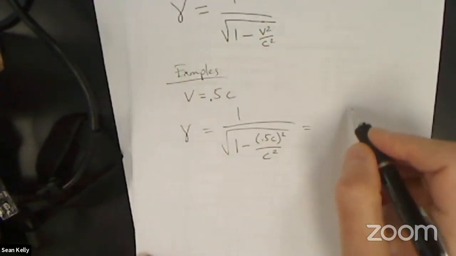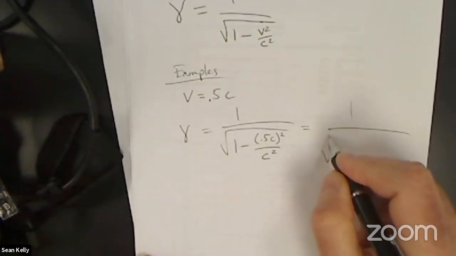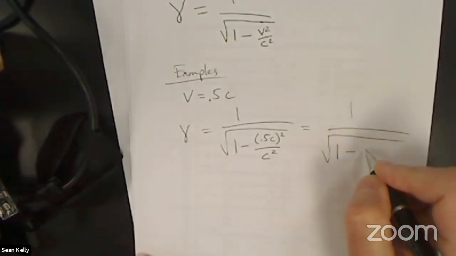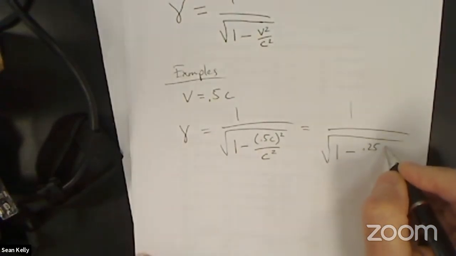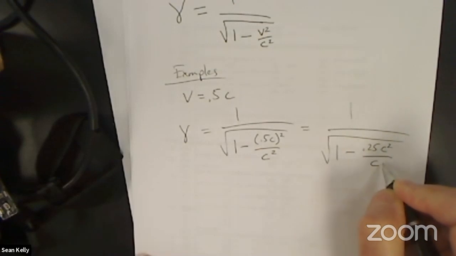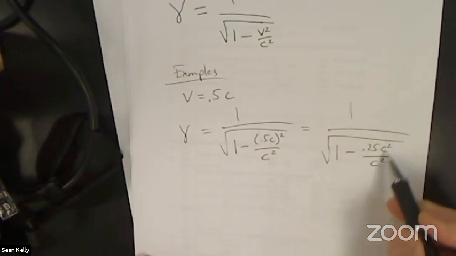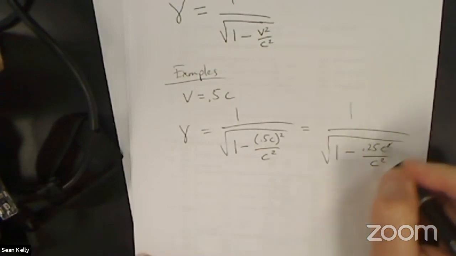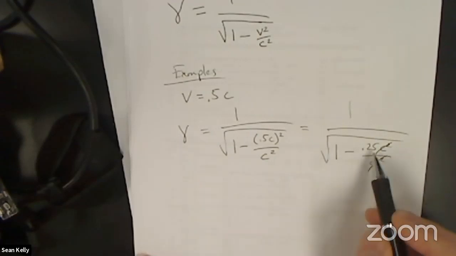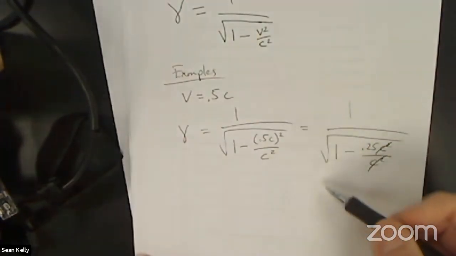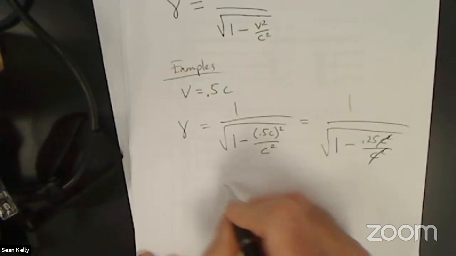So I'm going to put an equals 1, okay? And I'm going to do this, 1 minus 0.5 squared times c squared, where 0.5 squared is 0.25, right? And then c times c is c squared divided by c squared. What happens when you have c squared over c squared? They cancel. And so the trick is that this is actually a really easy calculation to do.